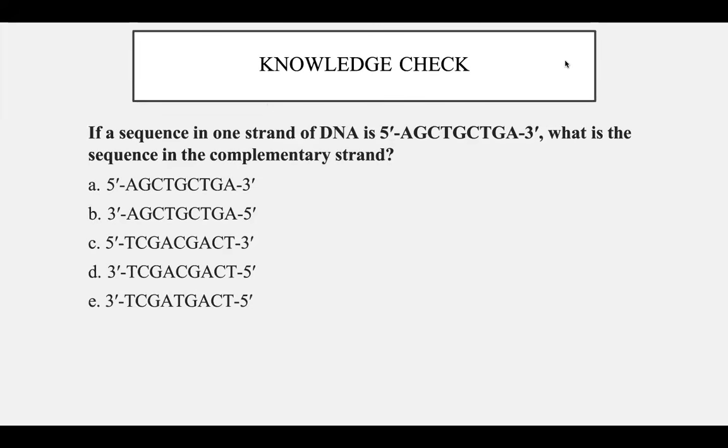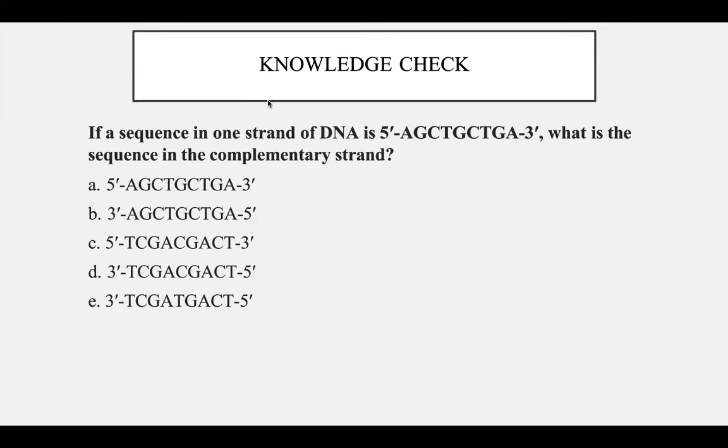I didn't go over this, but I was wondering if you guys know this. If the sequence in one strand of DNA is that sequence, what would be the complementary strand of DNA? Wow, great.